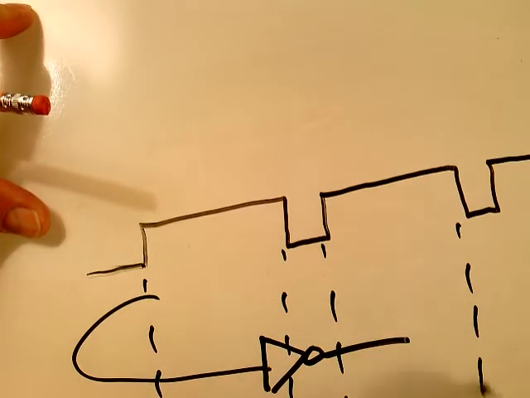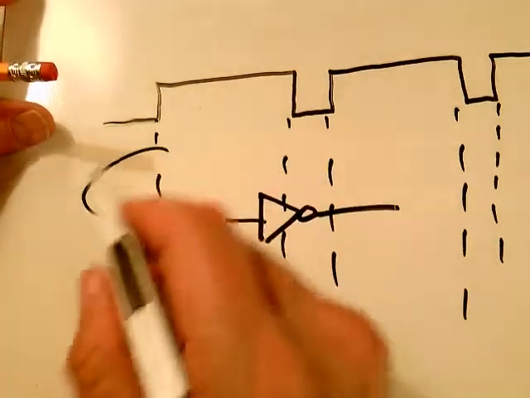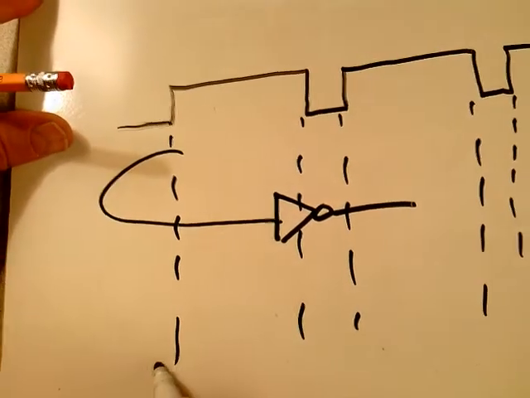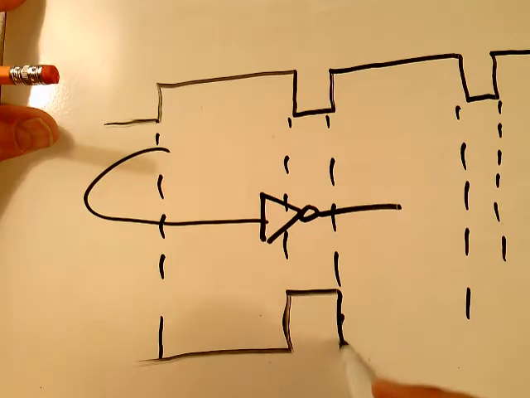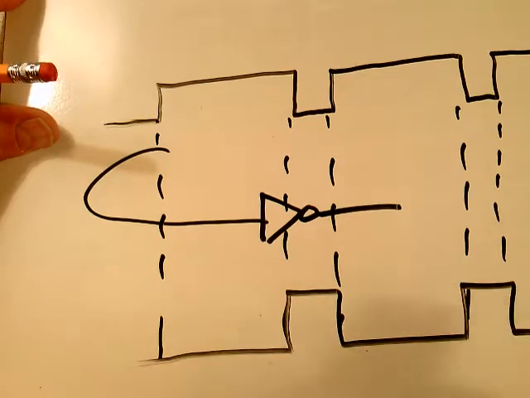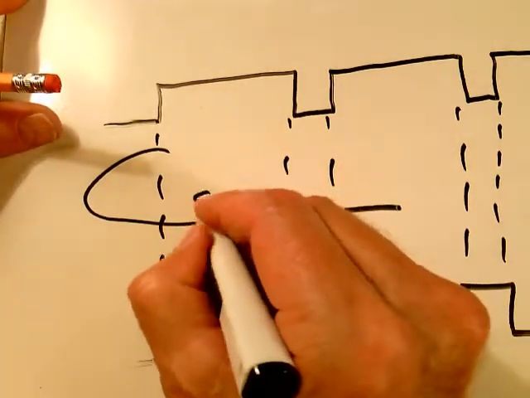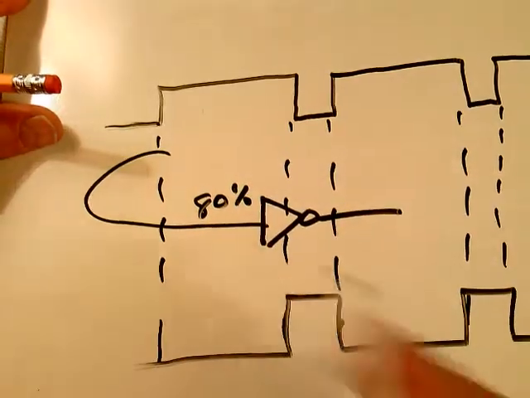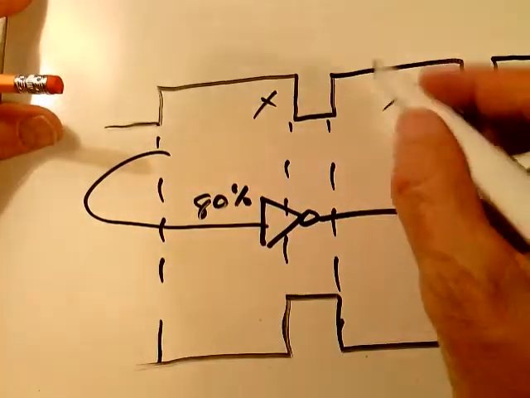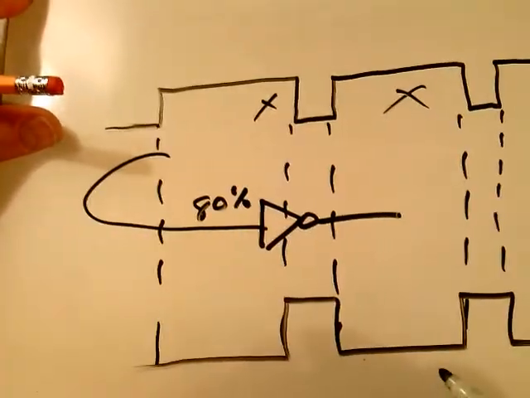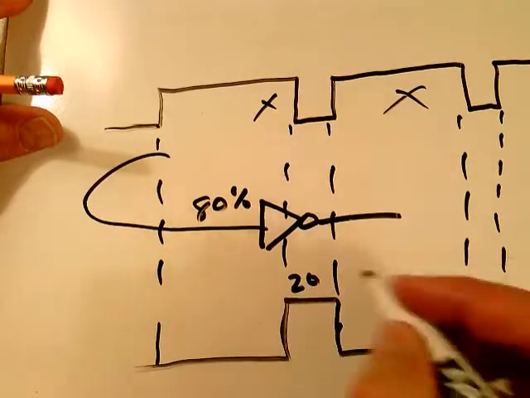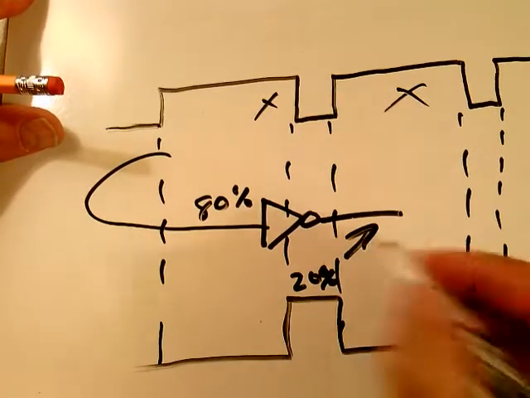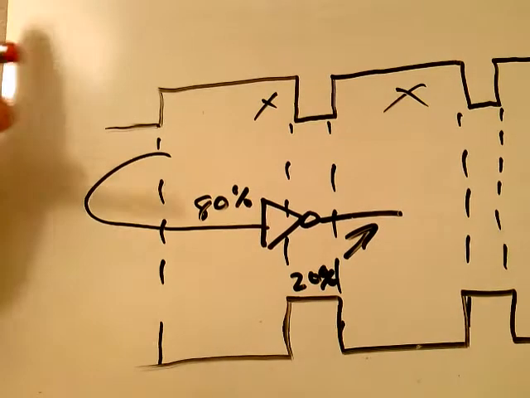If you run that through an inverter, you get this waveform. It's low, it's high, low, and high. So here you have your 80% duty cycle as we defined it, time high, and as you go through the inverter, you get your 20% duty cycle right there. So I'll allow you to do that if you want to do it.